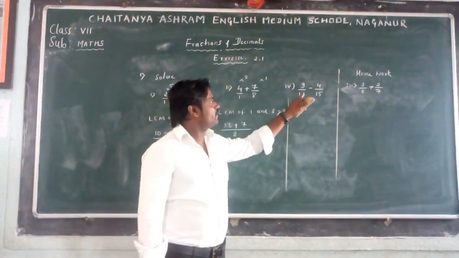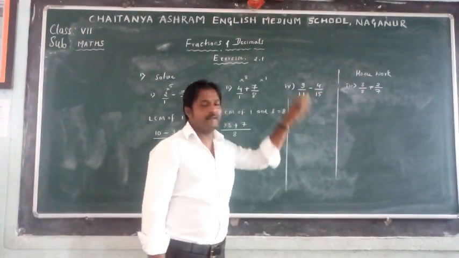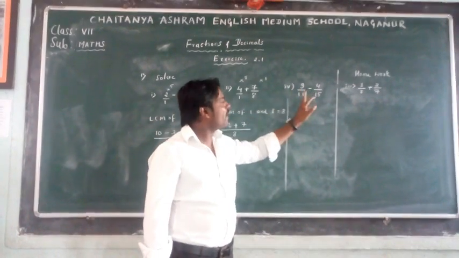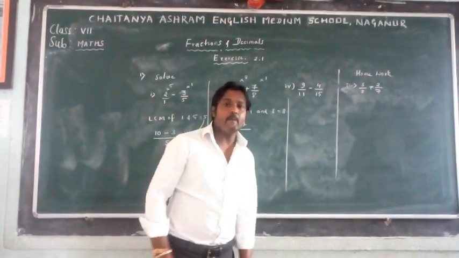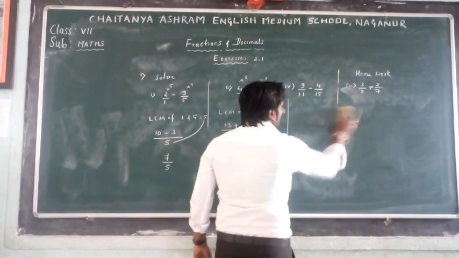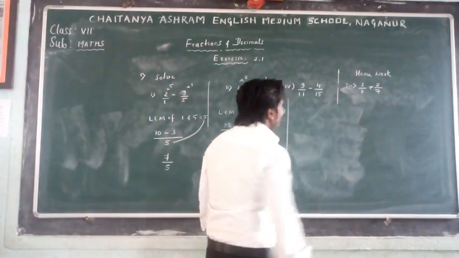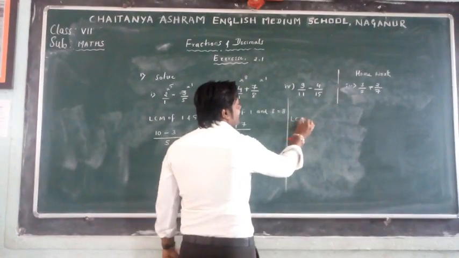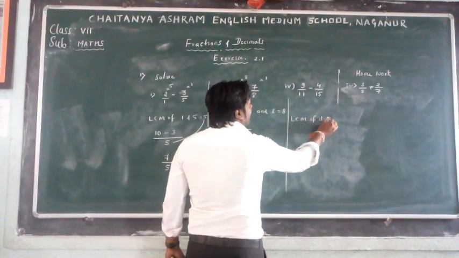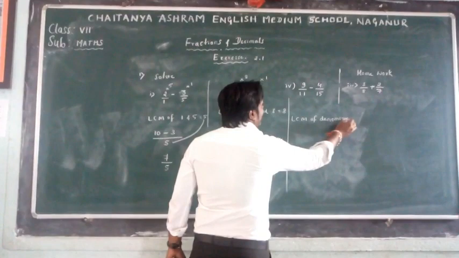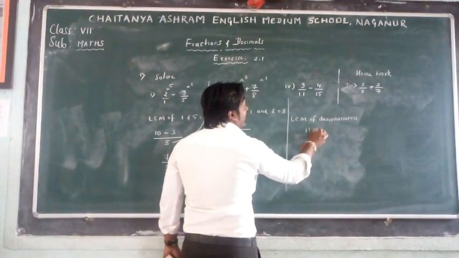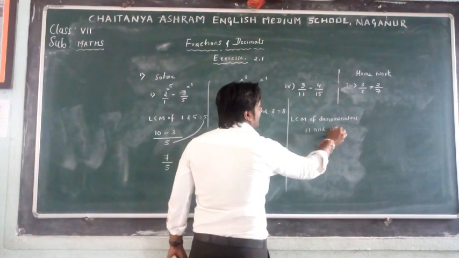9 by 11 minus 4 by 15. The two given fractions are unlike because they have different denominators. First, what should we do? We should find their LCM. So the LCM of the denominators 11 and 15.